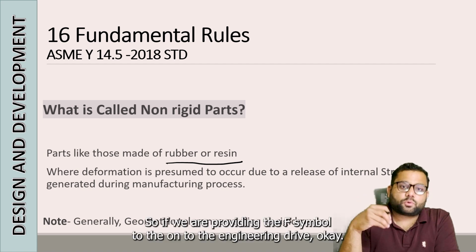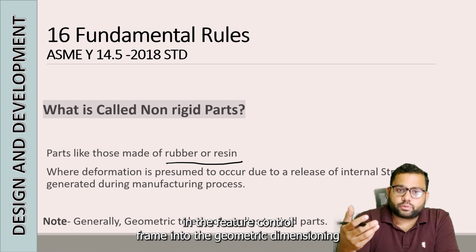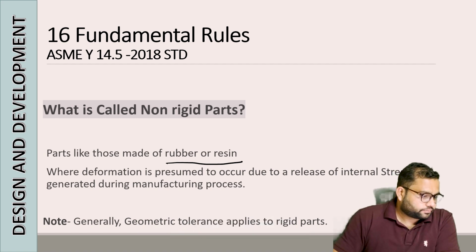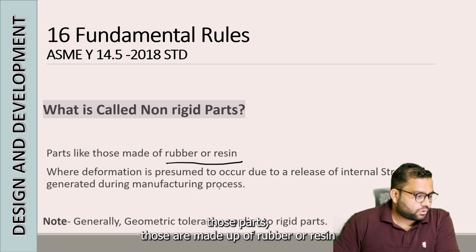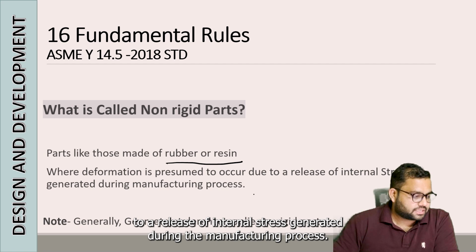If we provide the F symbol on the engineering drawing, in the feature control frame in geometric dimensioning and tolerancing, then it is a non-rigid part. Non-rigid parts are those made up of rubber or resin, where deformation is presumed to occur due to a release of internal stress generated during the manufacturing process.